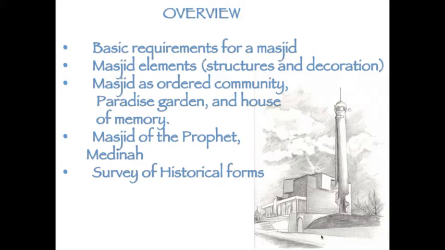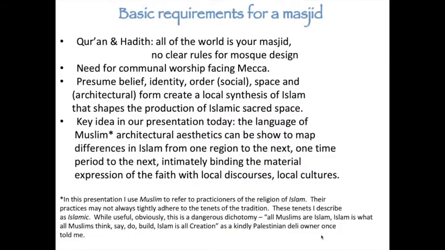We will not, however, take a look at the Mosque of the Prophet Muhammad in Medina or a survey of historical forms, as I will leave those two issues for the documentary, which I think the documentary handles quite well.